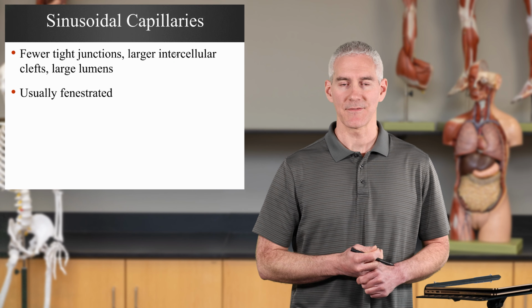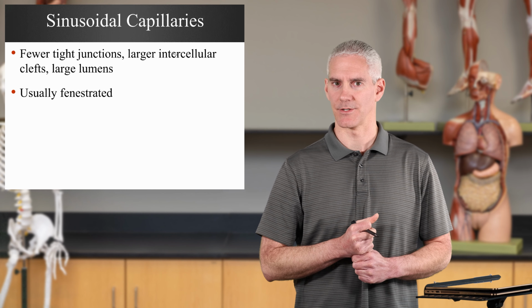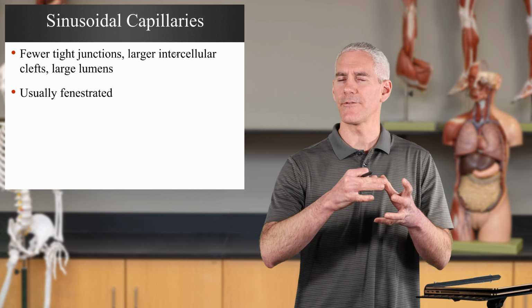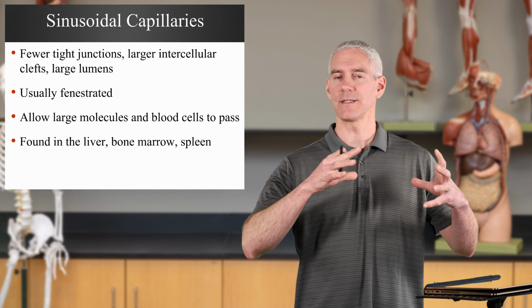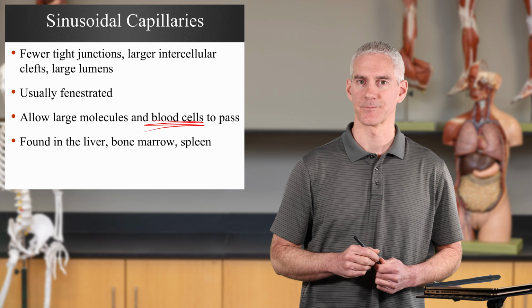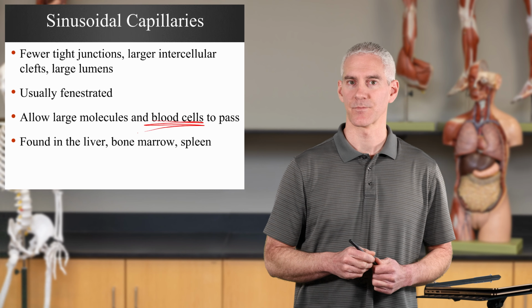They also are a little bit larger than the other capillaries because their lumens are a little bit larger, allowing for more exchange of larger materials in and out. But they a lot of times also have fenestrations. But these actual sinusoidal openings are large enough to allow the actual blood cells to pass through. So we're talking openings large enough to have a cell go into and out of.